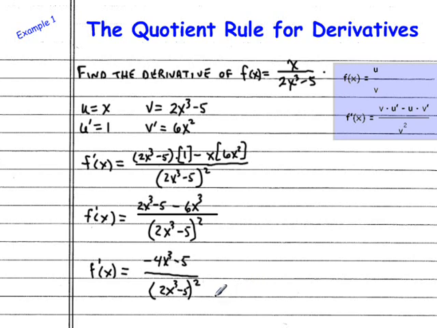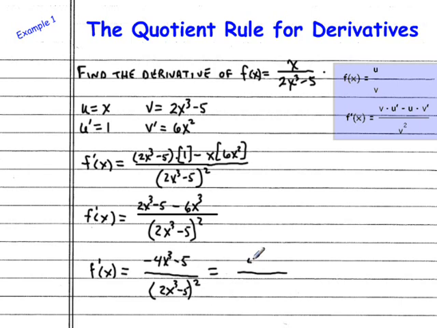Now, we would normally look and see whether or not we can factor and reduce this fraction. But if we compare what we have here and what we have here, we see that we really have no factoring possibilities, except that we could factor out a negative 1. So an alternative way to write this is to imagine factoring out a negative 1 from that numerator.